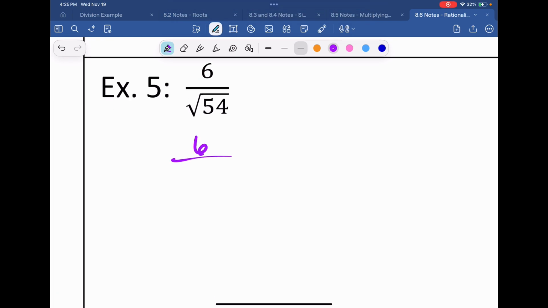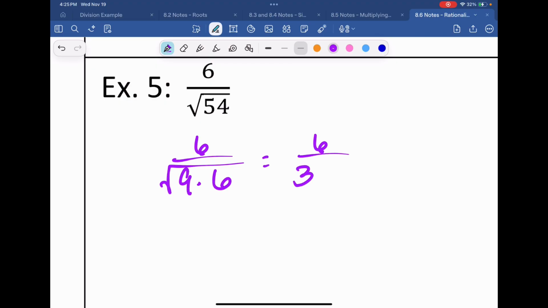Can't do anything with 6, so it's already out of the radical. 54, the largest square that goes into 54 is 9. And the square root of 9 is 3. So the root that I multiply by is root 6.